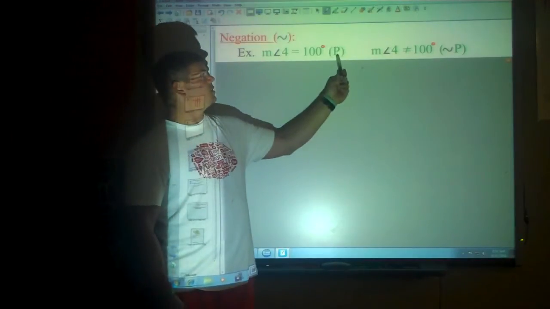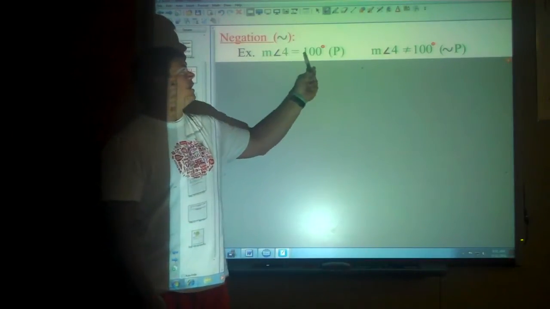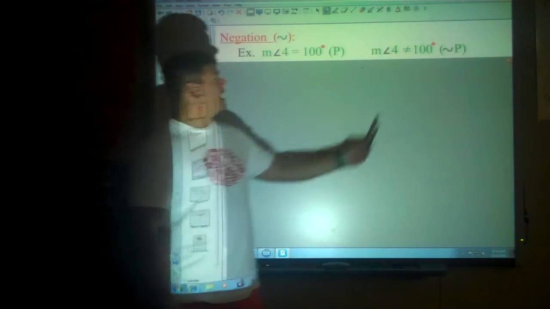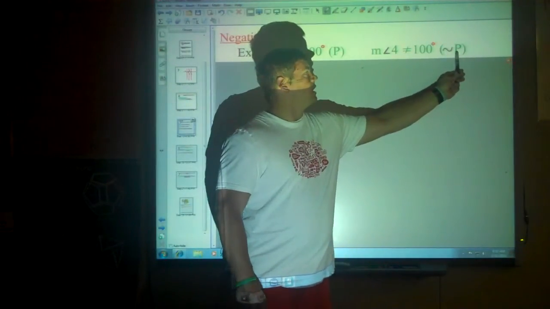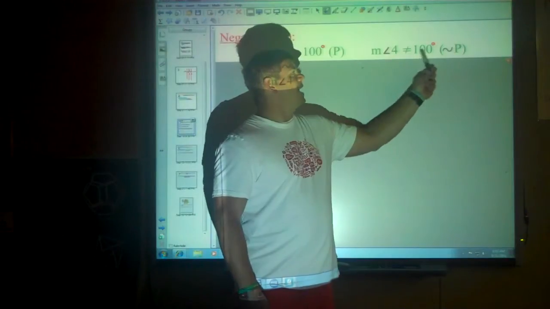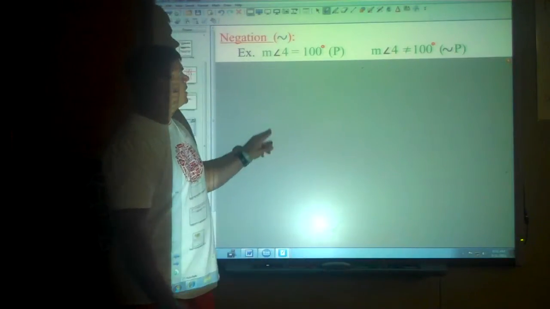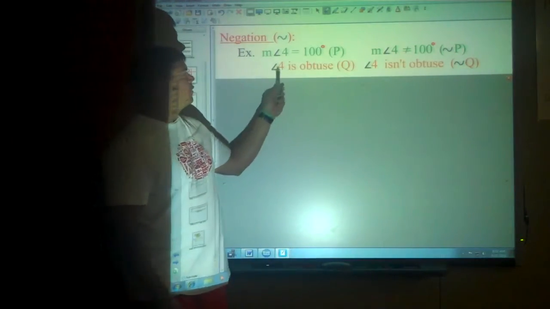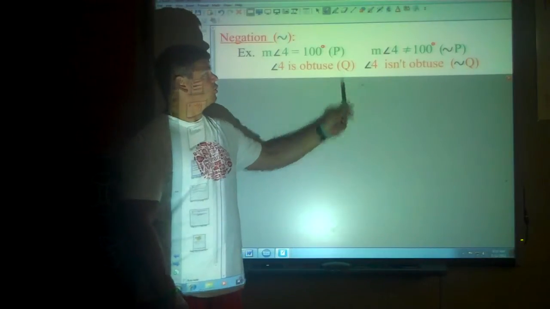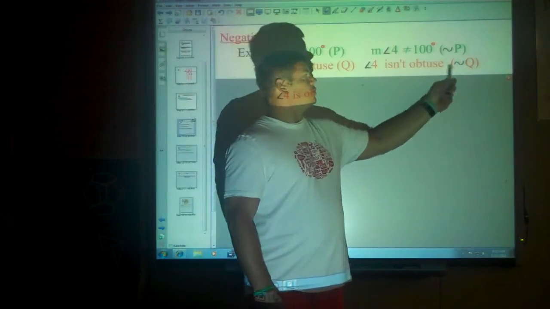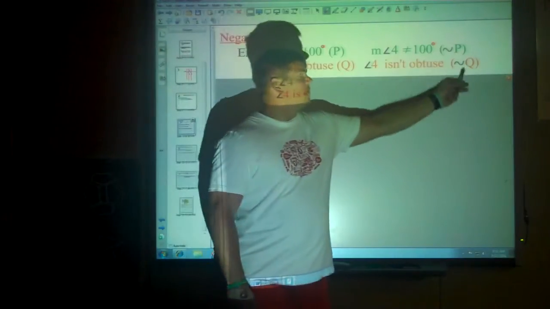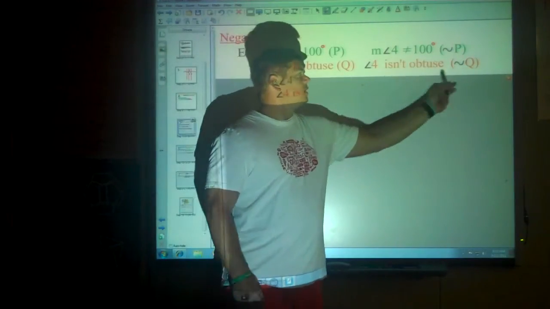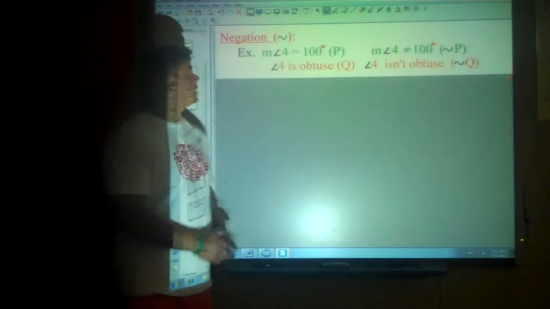If our hypothesis was the measure of angle 4 equals 100, then the negation of that hypothesis would be the measure of angle 4 does not equal 100. If we had angle 4 is obtuse as our conclusion, then angle 4 isn't obtuse would be the negation of Q. So negation means opposite, and you'll notice that this is the opposite of this.